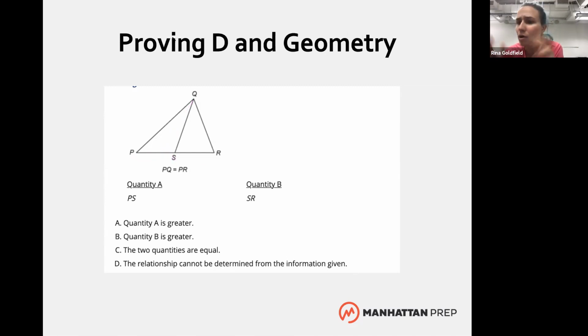Let's see another example of thinking about what do we know and what don't we know. Here is another example.